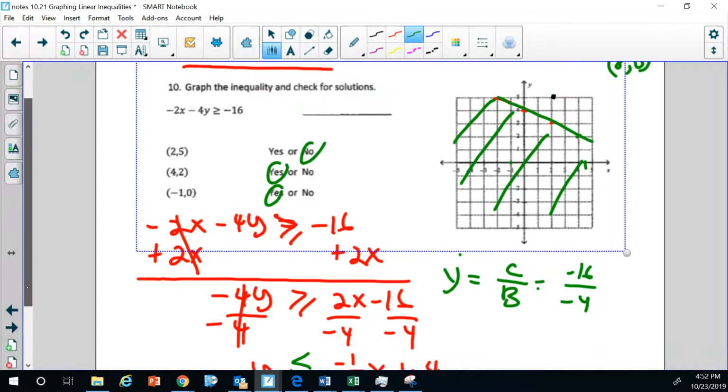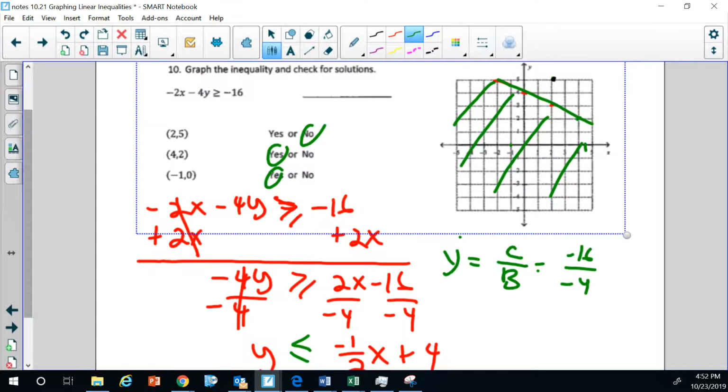That's going to give me 4. So my y-intercept is (0, 4), and you can see that it's actually (0, 4) from the first way of doing it.